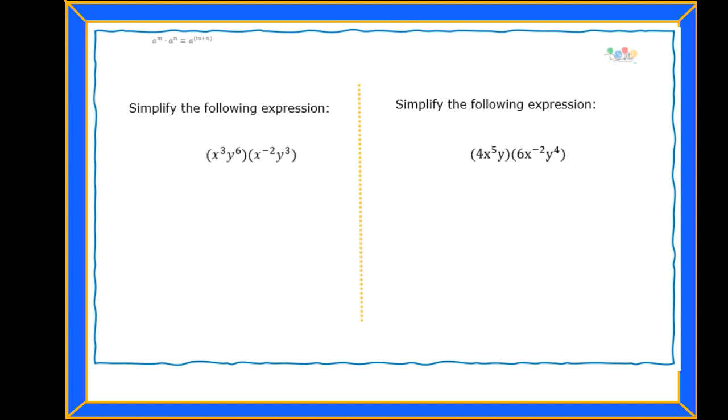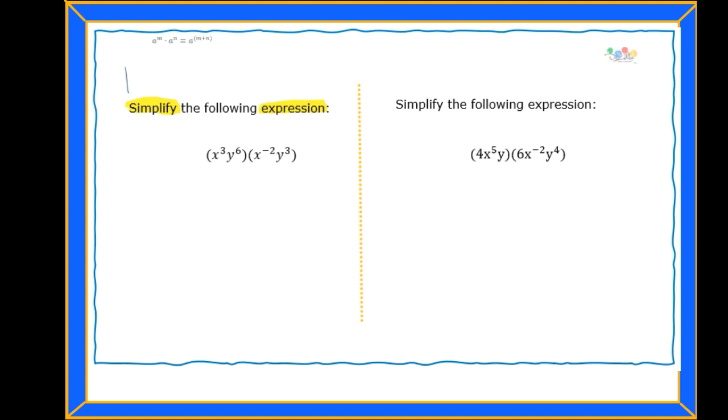Let's go on to the next problem. The question says, simplify the following expression. Notice how in this question I now see more variables, not just one. The whole idea on these questions is that you can only combine the ones with the same base. Is that correct? And the rule that applies for this one is still the product rule.